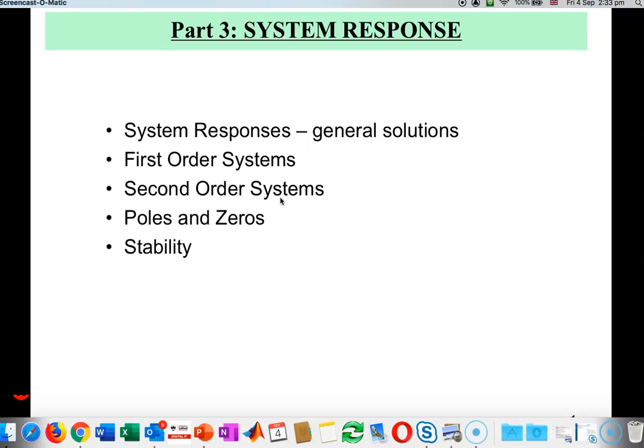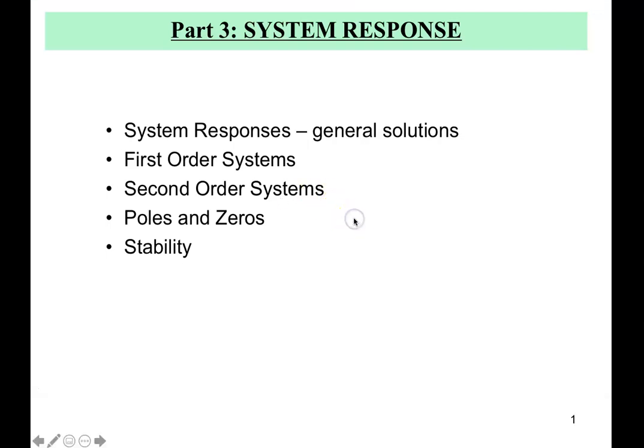Then we're going to discuss particular systems like first order, second order systems, their key properties, and the idea of zeros and poles of a system and their relationship to stability.